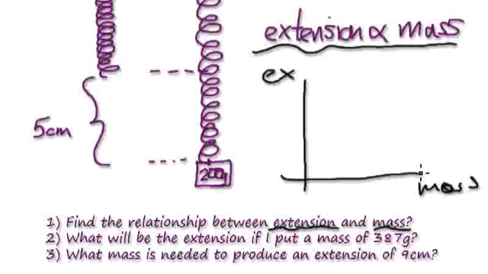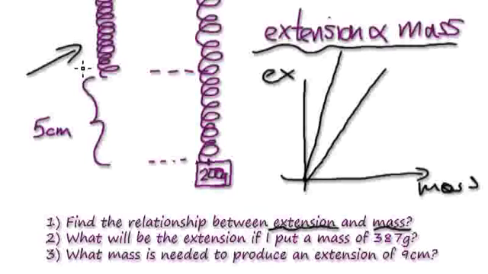Because this is a directly proportional relationship, it's going to be a straight line. It could be a steep line, depending on the quality of the spring, or it could be a shallow line like this. The gradient depends on the spring.